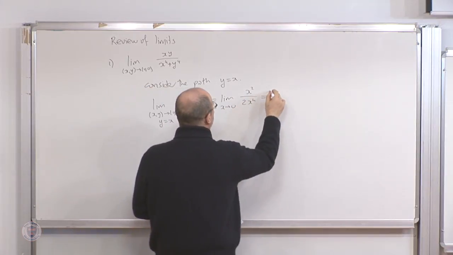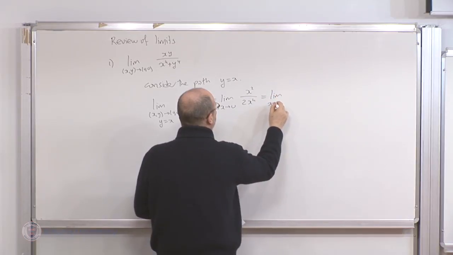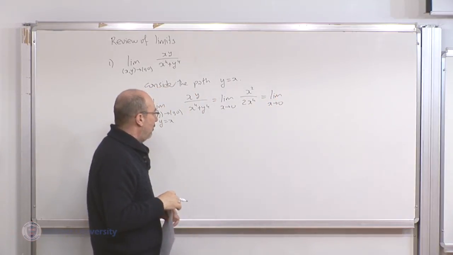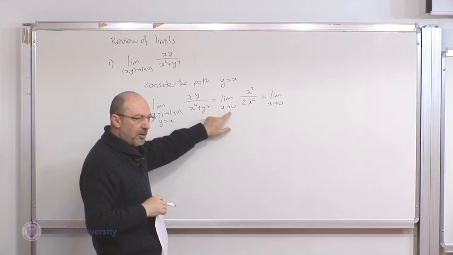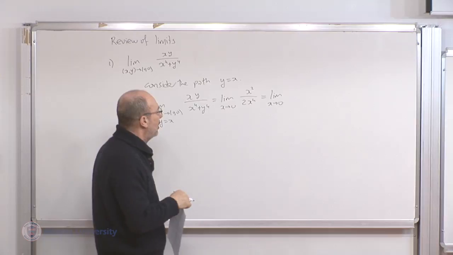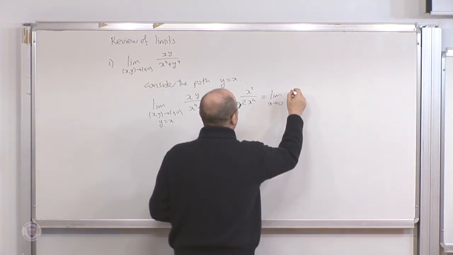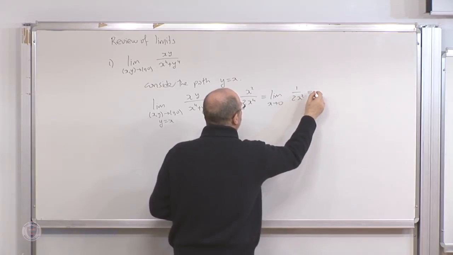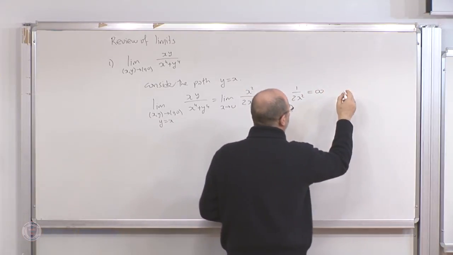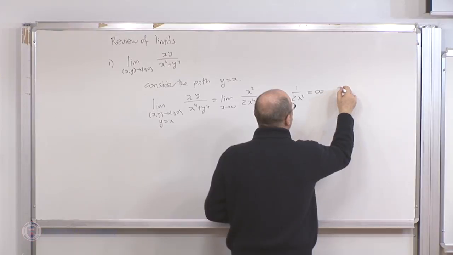You cancel this. Remember that we were talking about the punctured disk; this is the reason why we do that. x is never 0, so we can cancel this. We have 1 over 2x squared, and this limit is equal to infinity. Technically speaking, the limit does not exist.